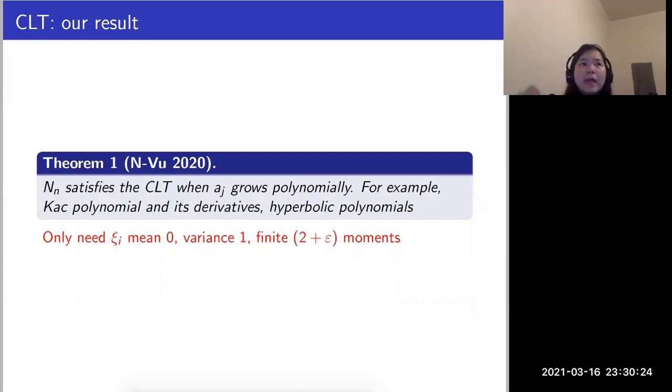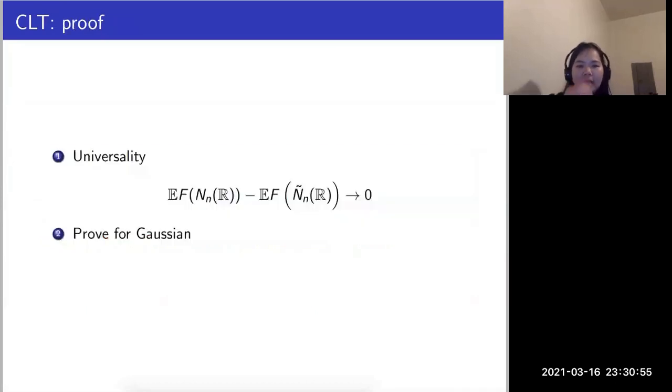When the a_i grow exponentially, for example the elliptic polynomial and the Weyl polynomial, this doesn't hold for our work. Here we only assume that the Ci's have mean 0, variance 1, and finite 2 plus epsilon moments. And we show that N_n satisfies the Central Limit Theorem. N_n here is the number of real roots of the polynomial.